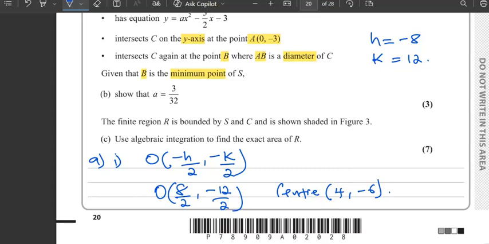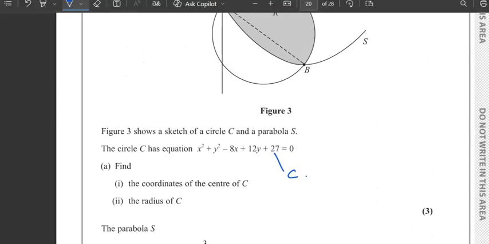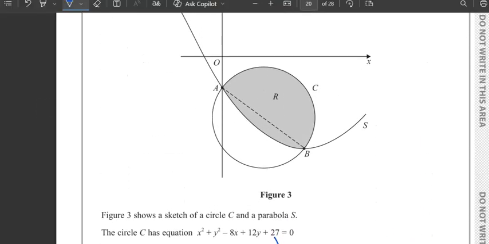Use algebraic integration to find the exact area of R. So based on the diagram, we are required to find the shaded area R.